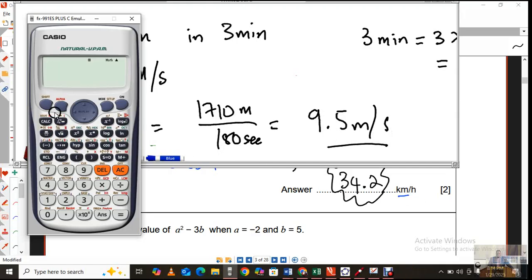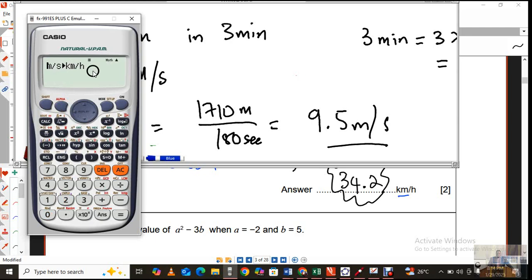I press shift and the 8 where it says conversion. There are about 40 conversions. If you press the 20th one, the calculator can convert meters per second to kilometers per hour. There are other ones that can do the other way around.